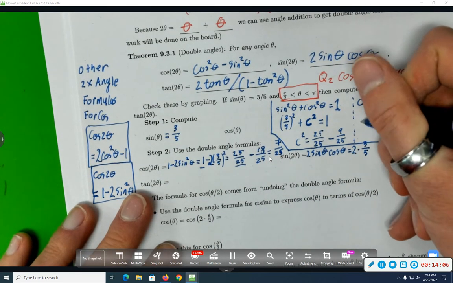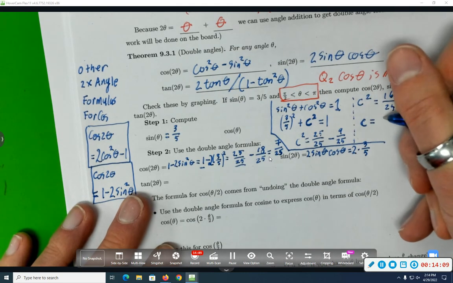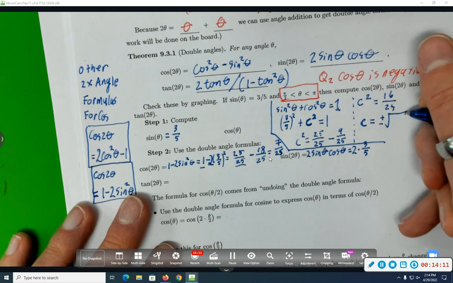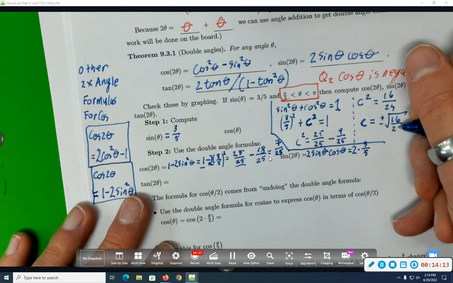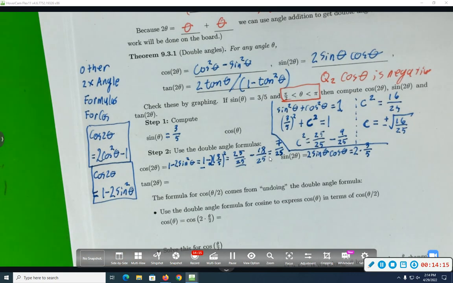So I need to take the square root of both sides. I get a plus or minus. Should it be plus or should it be minus? Minus, because of this quadrant thing.